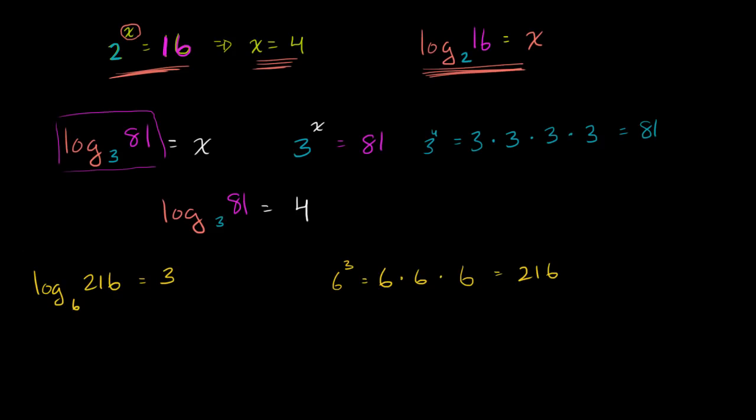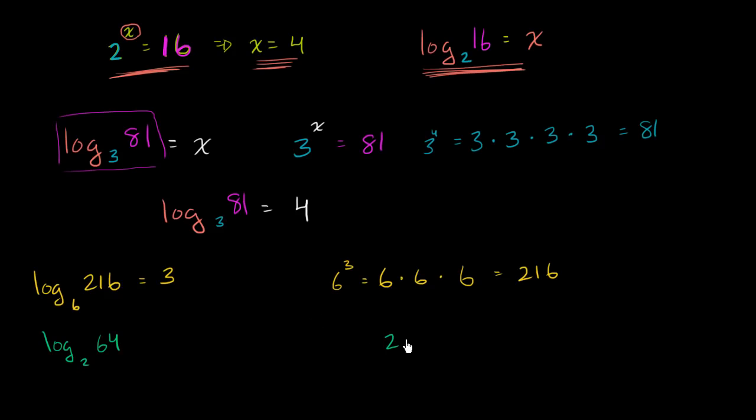Let's try another one. Let's say I had log base 2 of 64. So what does this evaluate to? Well, once again, this will evaluate to the exponent that I have to raise this base to, and you write the base as this little subscript right here. The exponent that I have to raise 2 to get to 64.